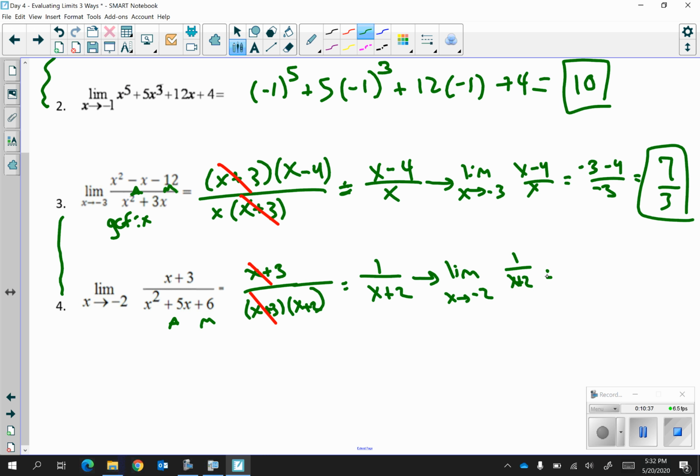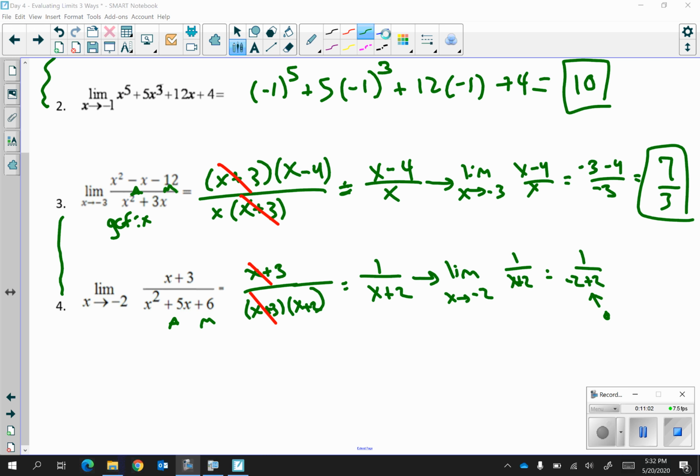Actually, you still can't use the substitution method because if you think about it, 1 over negative 2 plus 2 still gives you a 0 in the denominator, and that's not good. So sometimes this method doesn't work for you. And now you have to think about how to actually go around it.